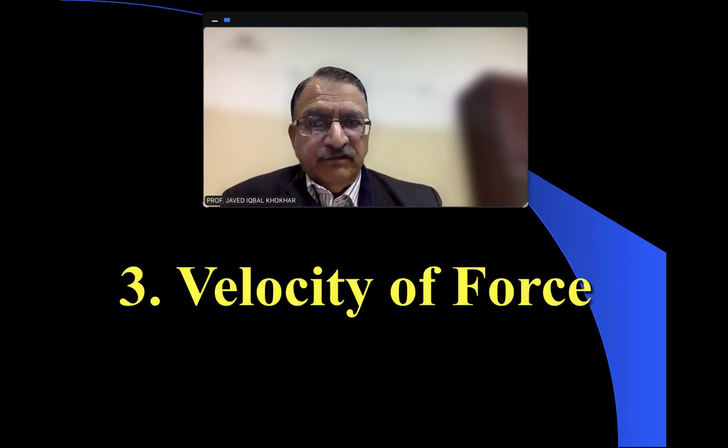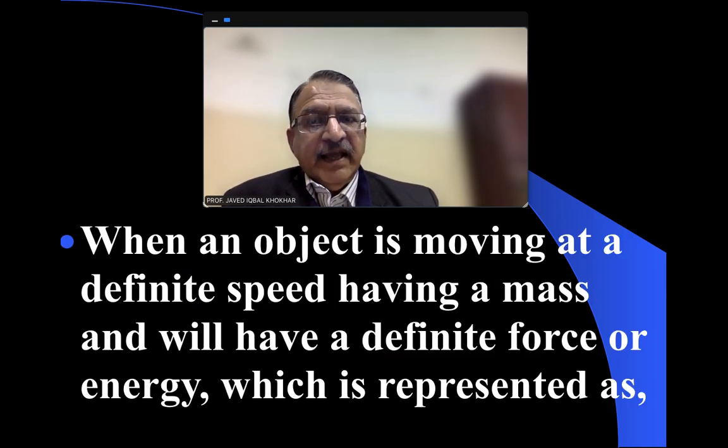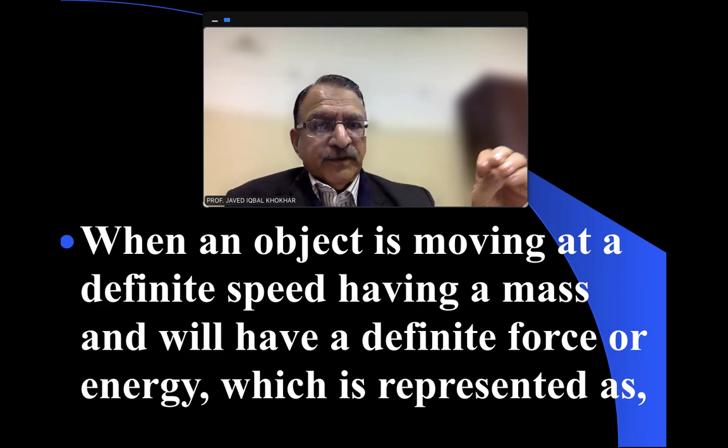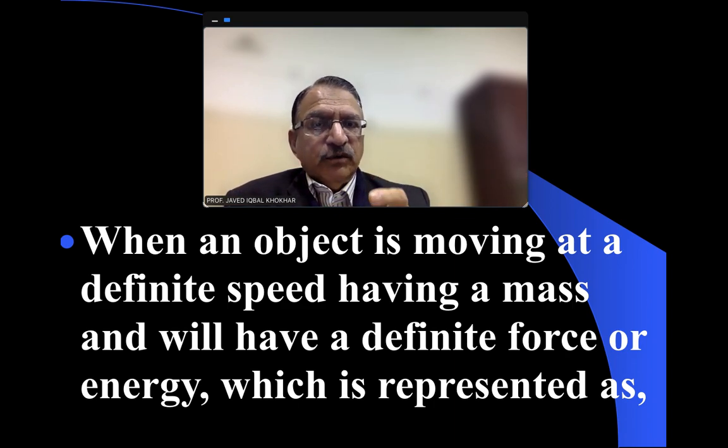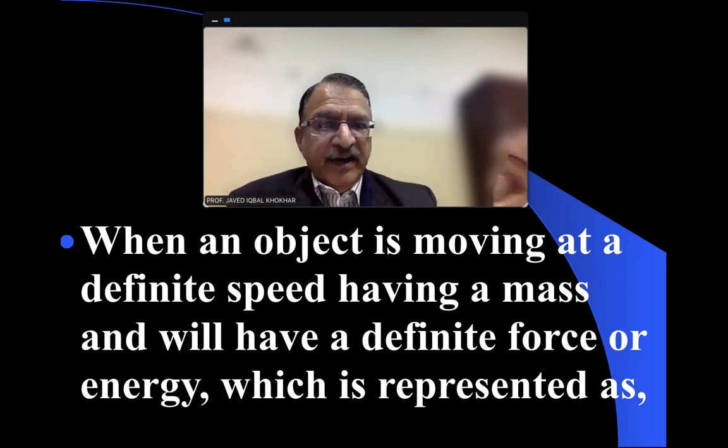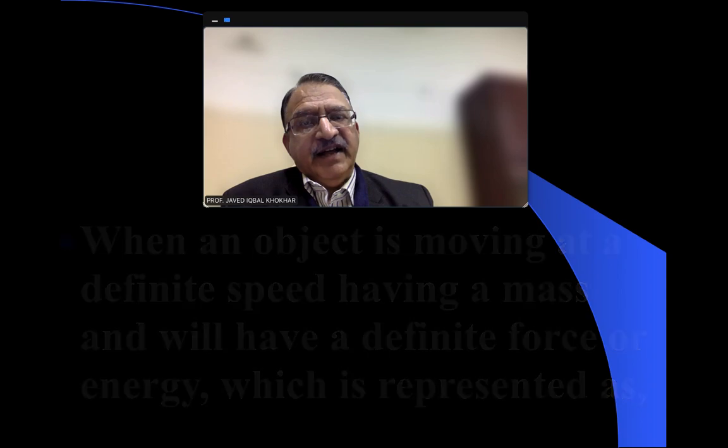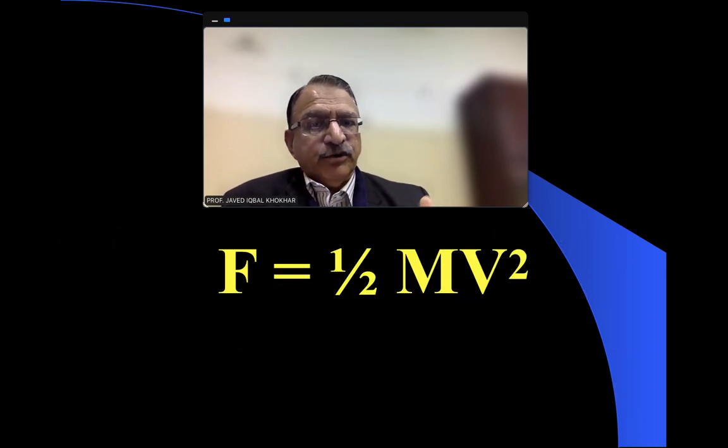Now, the velocity of force, speed. This is very important because when an object is moving at a definite speed, having a mass, it will have a definite force or energy. That means when any object moves, it has mass in it, and the force with which it is moving is directly proportional to half the mass and the square of the velocity.